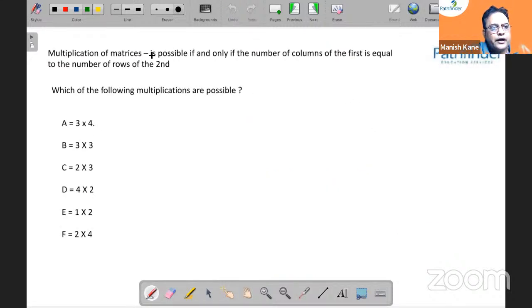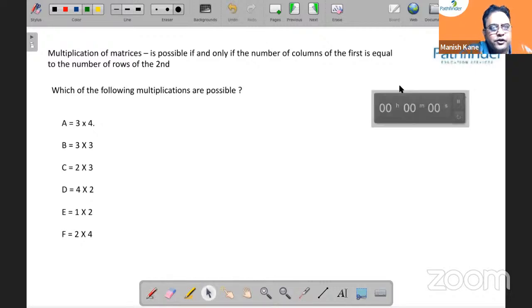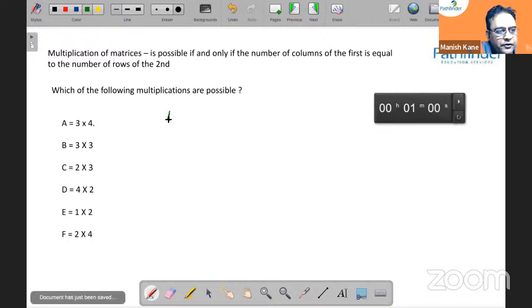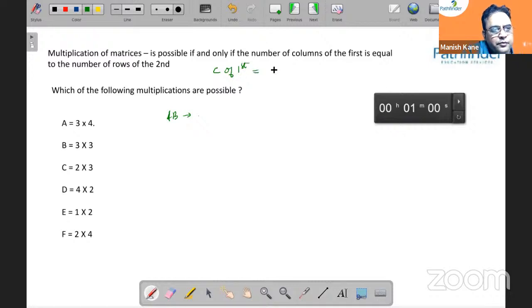Now, let us look at another kind of question. Now, this is simple. The question is, which of the following multiplications are possible? Is AB possible? For multiplication to be possible, you know that columns of first must be equal to rows of second.